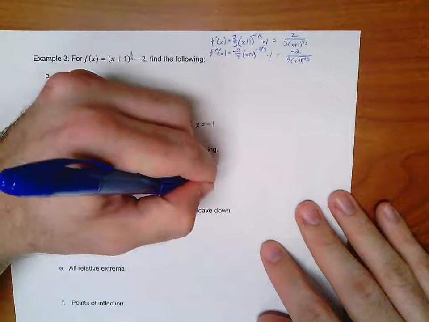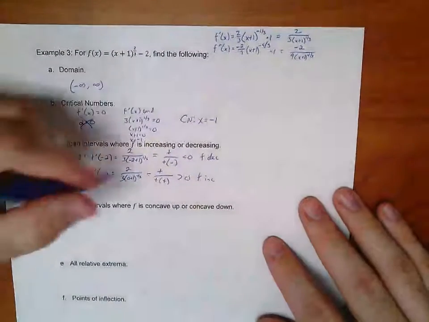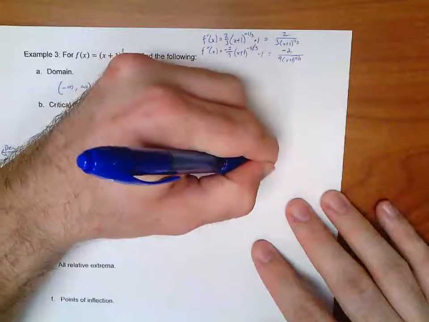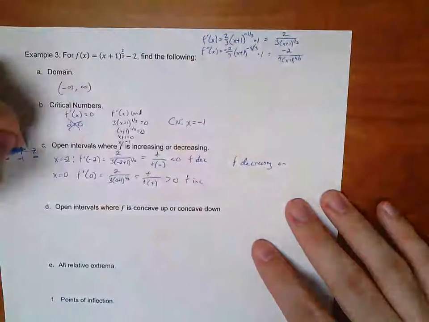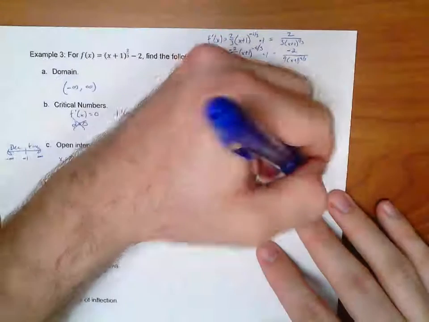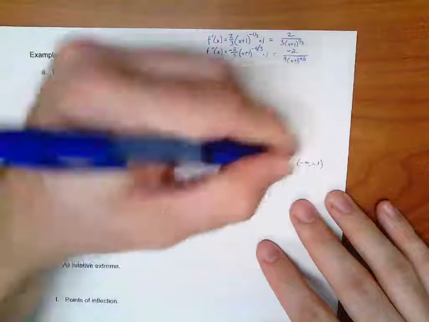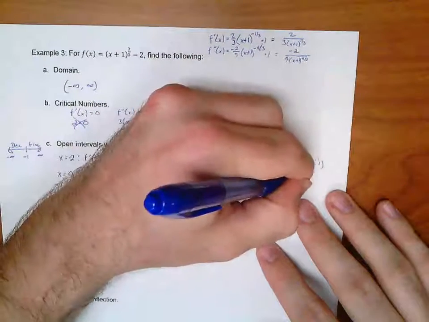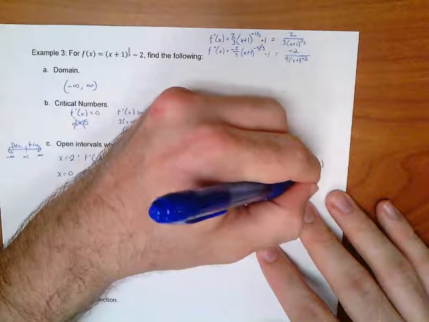So f is increasing. So f is decreasing on negative infinity to negative 1, and f is increasing on negative 1 to infinity.